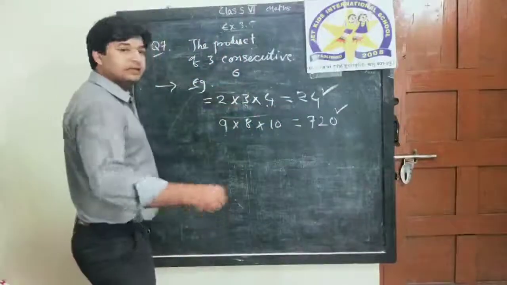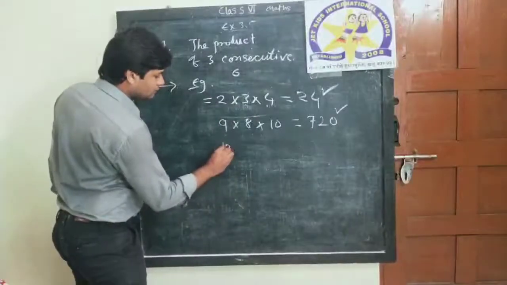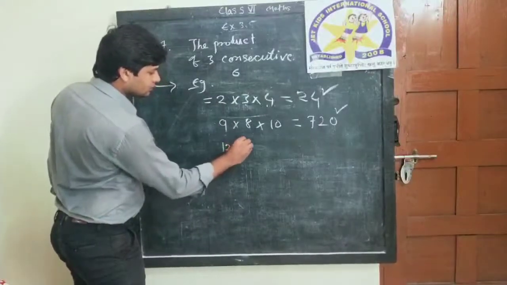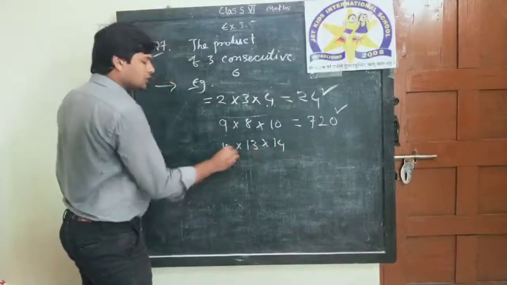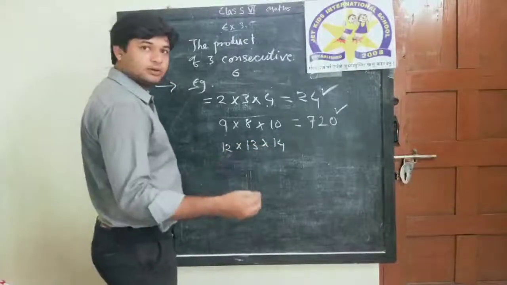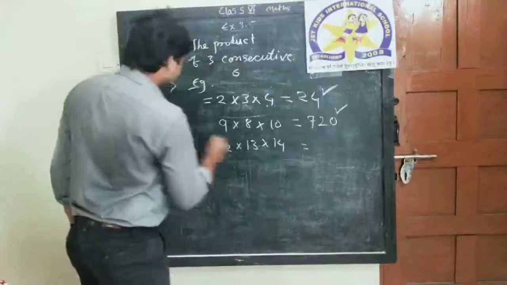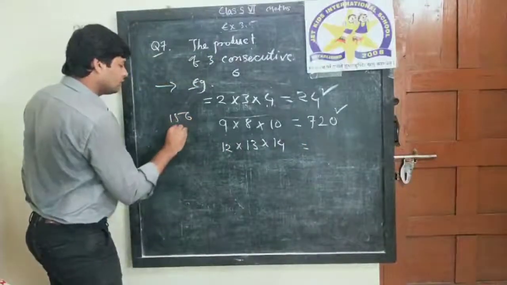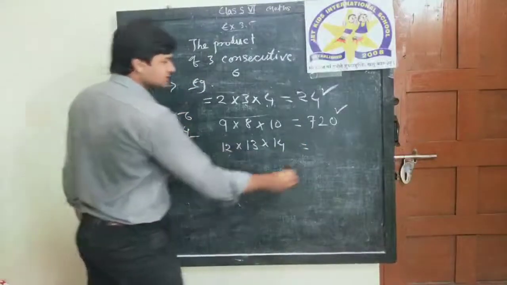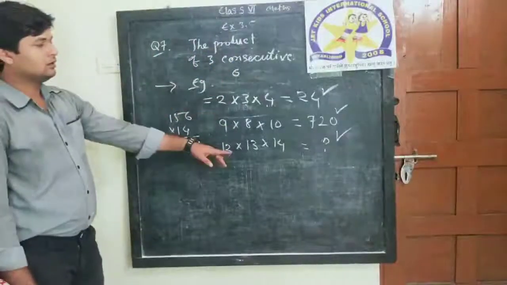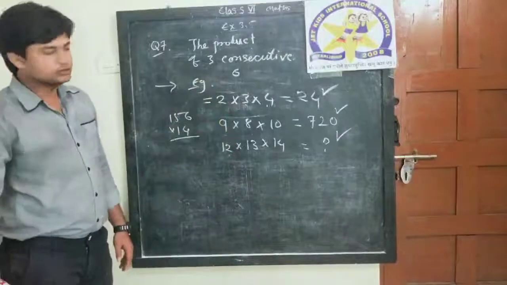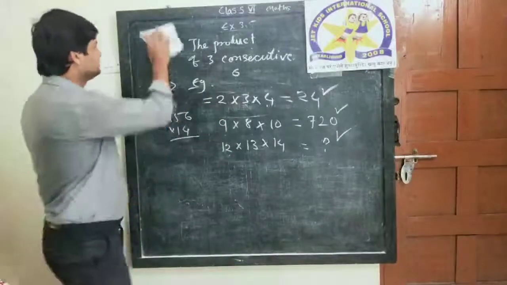Next I am taking a little higher: 12, 13 and 14. 12 13s are 156. 156 multiplied by 14, you can give this example here. It will also be divisible by 6. Clear?